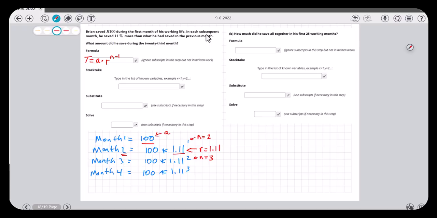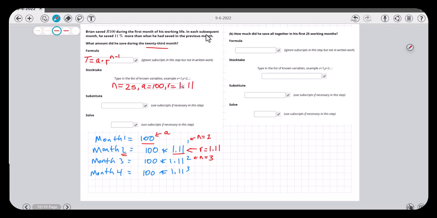This I kind of already wrote, which is, in this question, they are asking for the 23rd month. So n is going to be 23. We already established A, the starting value, is 100, and our R is the 1.11.